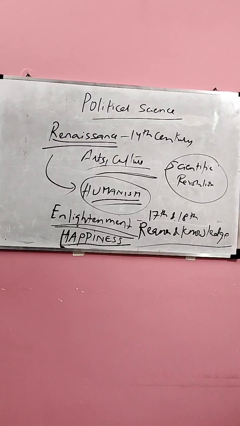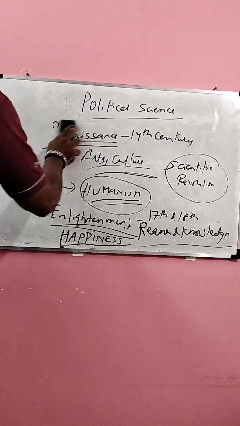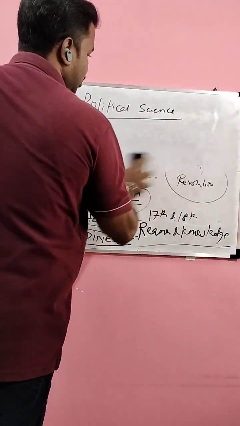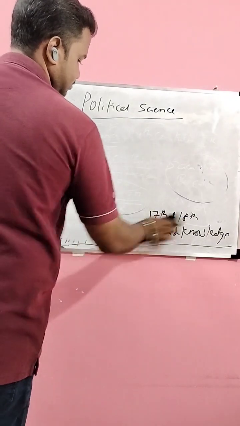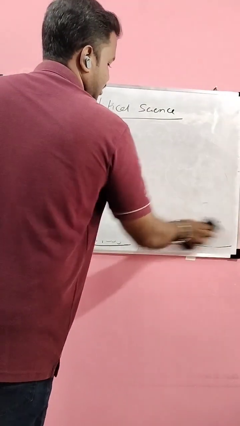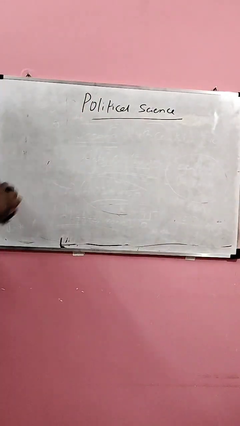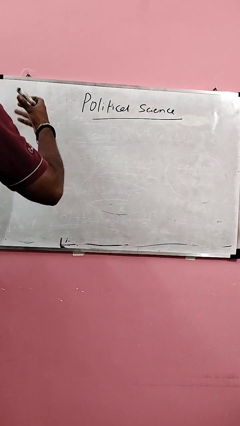Enlightenment now led to a very important ideology, development of ideology called liberalism. Enlightenment contributing to liberalism.